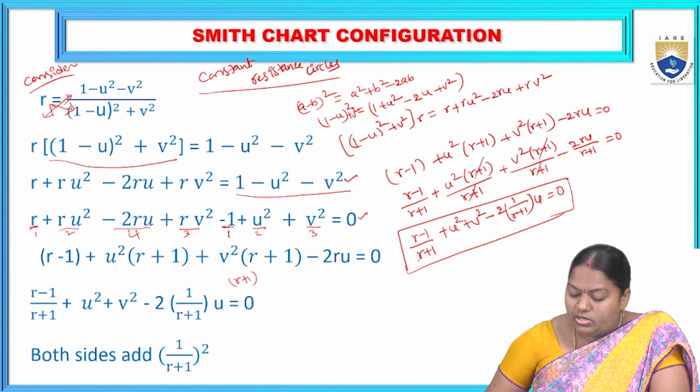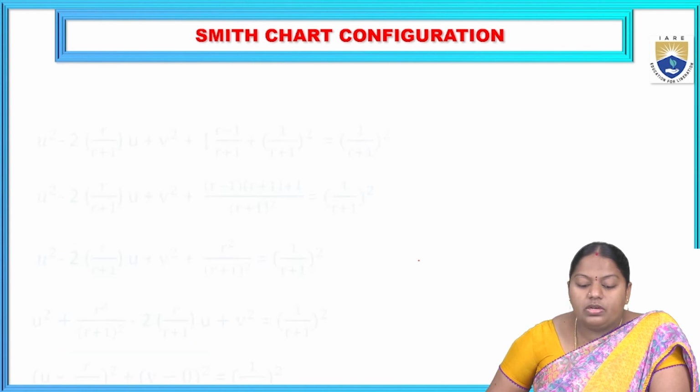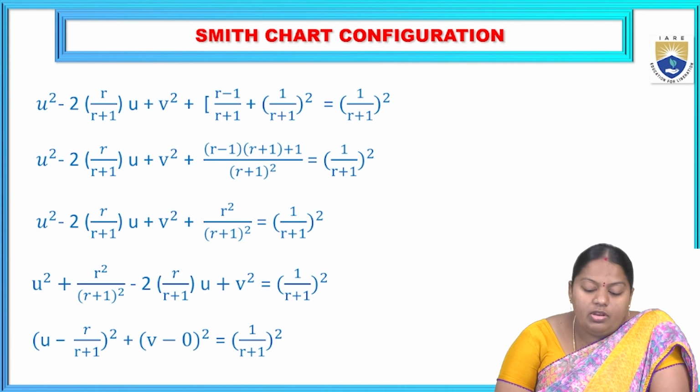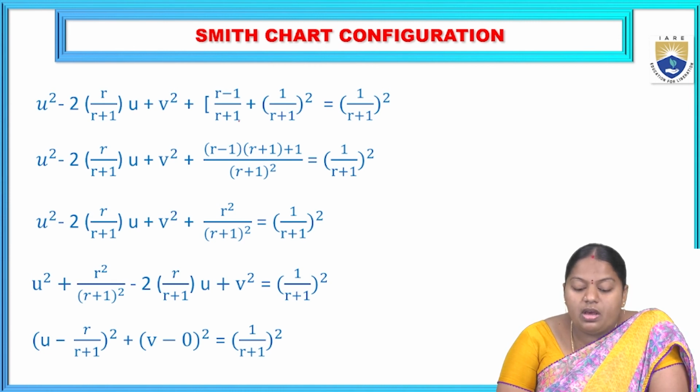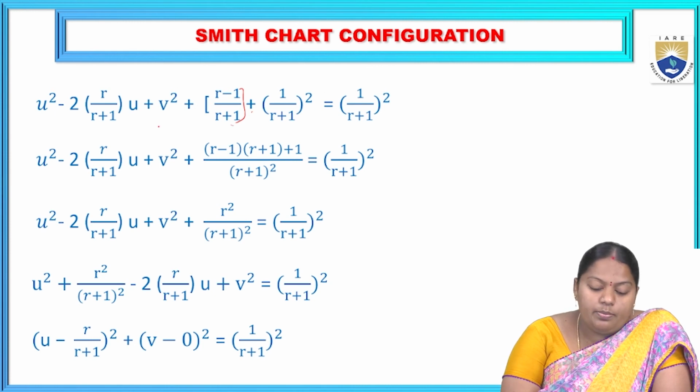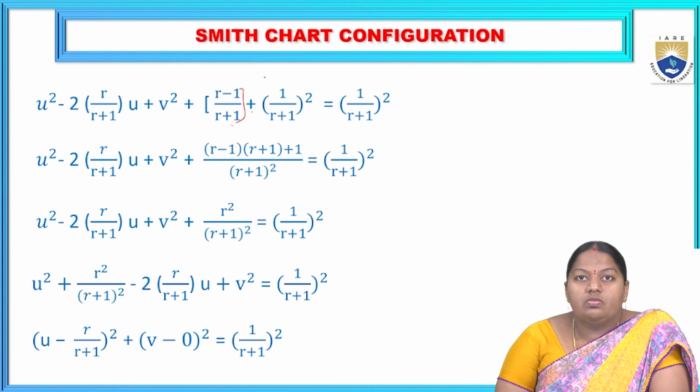By adding 1/(r plus 1) whole square to that equation, we have u square plus v square minus 2 into r/(r plus 1) into u, then (r minus 1)/(r plus 1) as the first term, plus 1/(r plus 1) whole square on both sides. If you consider both sides, 1/(r plus 1) whole square gets cancelled on both sides, and the complete equation remains the previous one only.